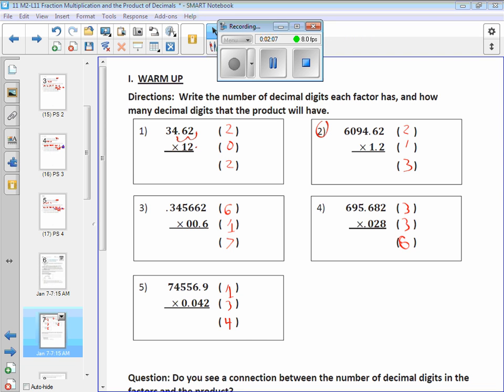Okay, good. 617 for 3. 336 for question 4. And for number 5, 1, 3, and 4. I just have a question.